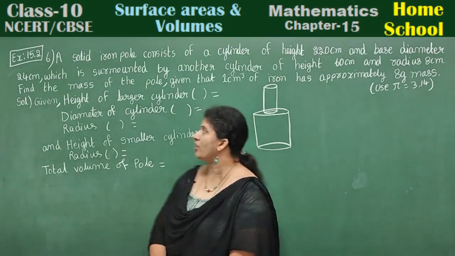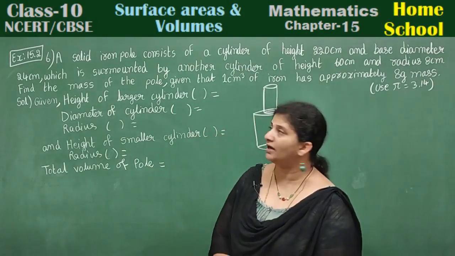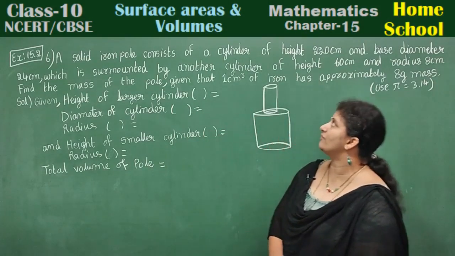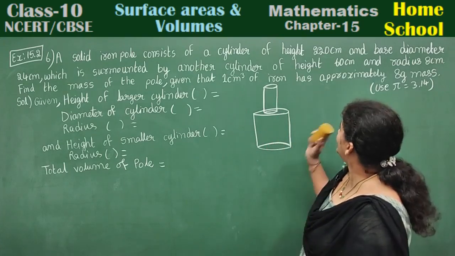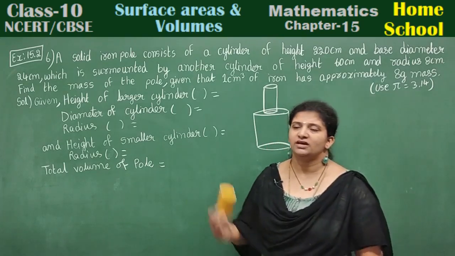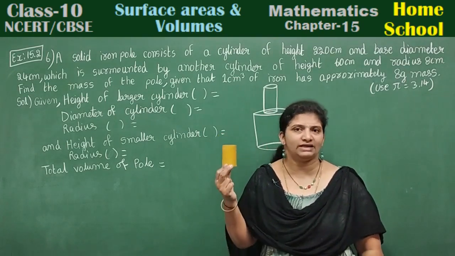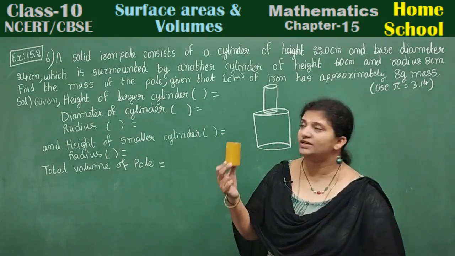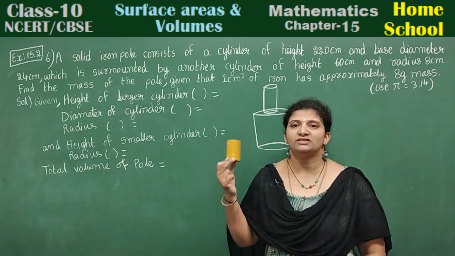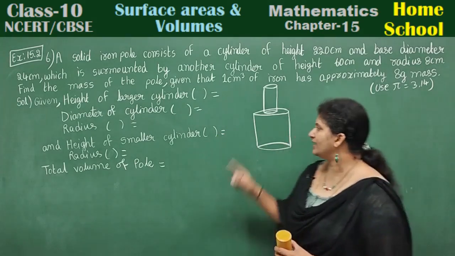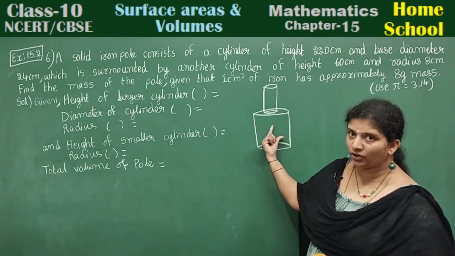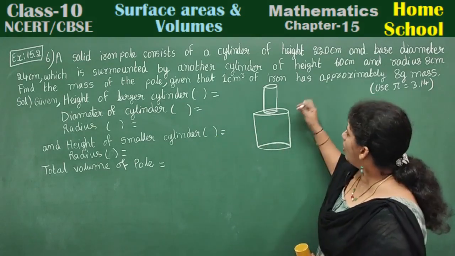Let's see sixth problem. A solid iron pole consists of a cylinder of height 220 centimeters. Imagine this is a wooden cylinder, but you please imagine it as an iron pole consists of a cylinder. You can see this cylinder, iron pole consists of a cylinder of height.